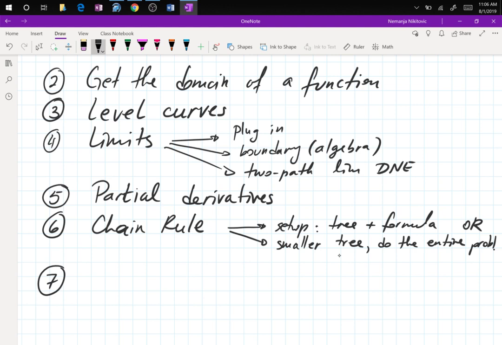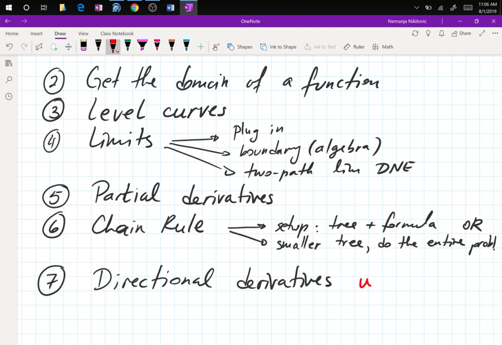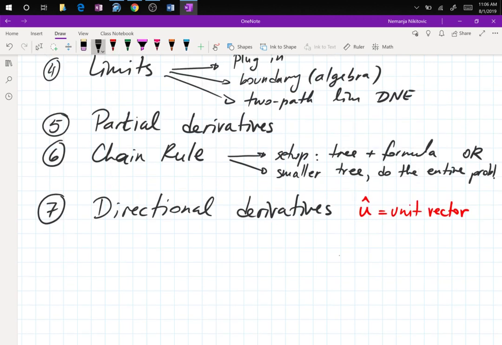The next one is directional derivatives. I'll put in blue U hat, unit vector. Number 8, gradient. Number 9, tangent plane.